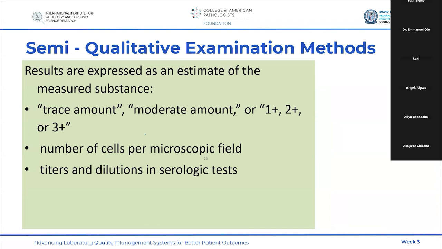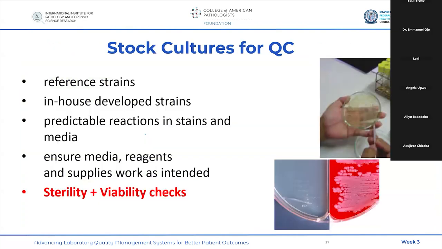You look at the example of urinalysis, when you say the bilirubin is this, the glucose is this, and all other parameters in the urinalysis test. It also looks at the number of cells per microscopic field, titers and dilutions in serologic tests, and other methods.